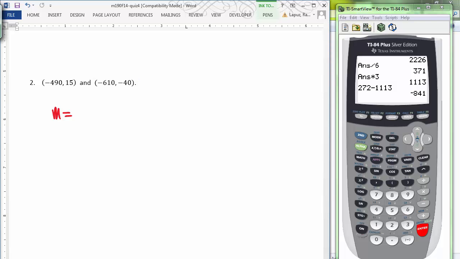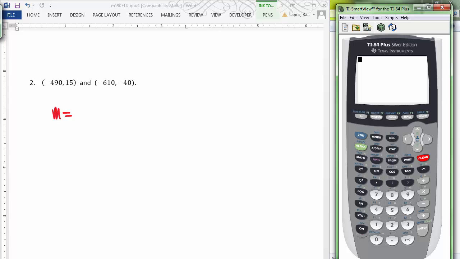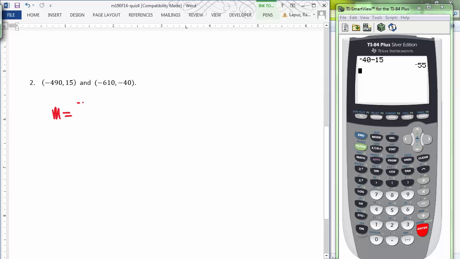I'll use negative 40, and when you use negative in your TI-83 or 84, make sure you use the negative sign. So we got negative 40 minus 15 divided by negative 610 minus negative 490.